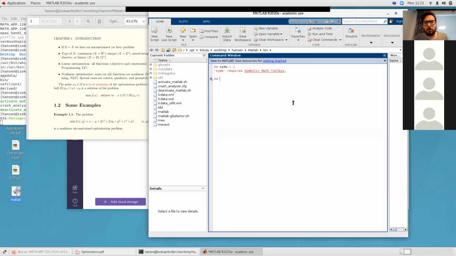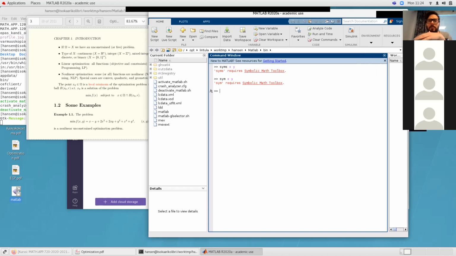Oh, what? It seems I don't have the necessary toolbox at my disposal here. Yeah, that's not going to be working very well. Damn. Okay, I have to install the toolboxes before I get there.